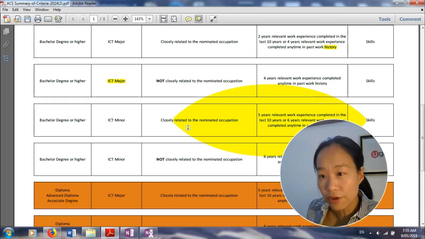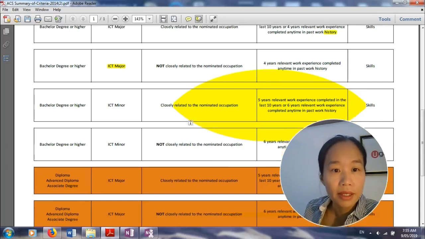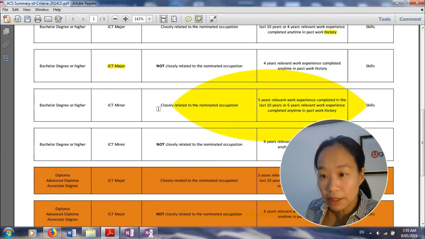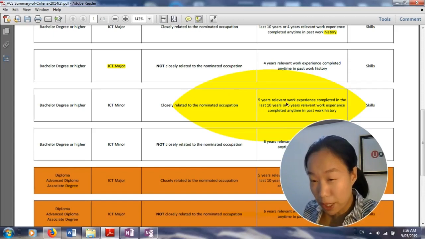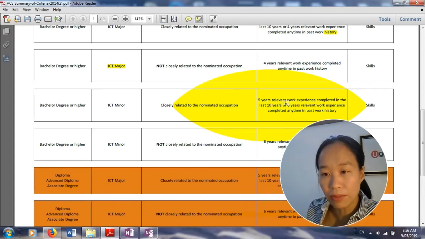Then you need 4 years of relevant experience, which means that in the past, as long as you have worked 4 years as a web developer, that's fine too. Now, if your qualification is only a minor, and later on you become a web developer, then you need 5 years of work experience in 10 years. Or if you work part-time, then you need 6 years. So it's a little complicated.